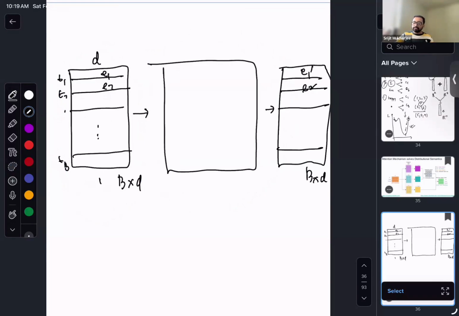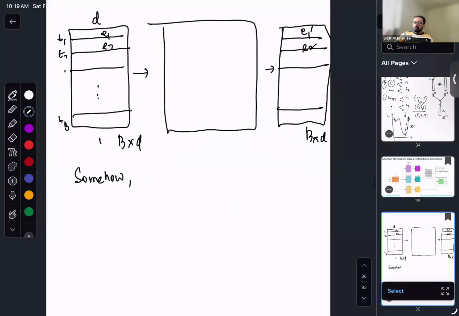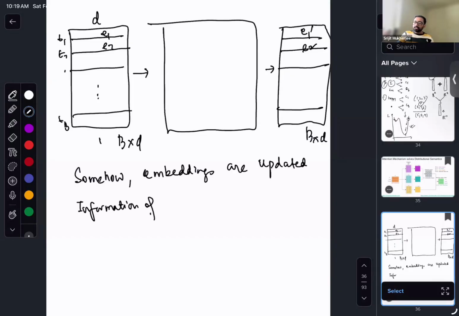Essentially, what it means is that somehow the embeddings are updated. That means what? The information of the relationships of each token with another should be updated, because that's how the positional encoding is already done.